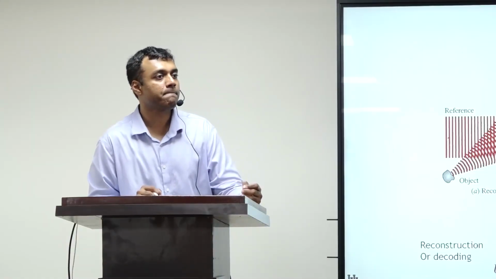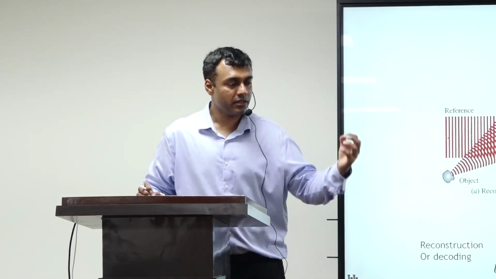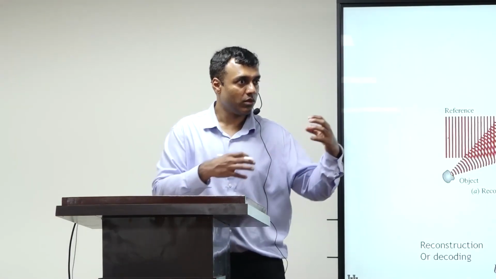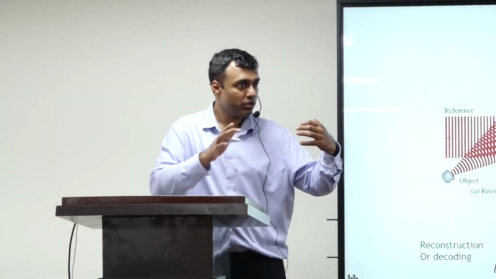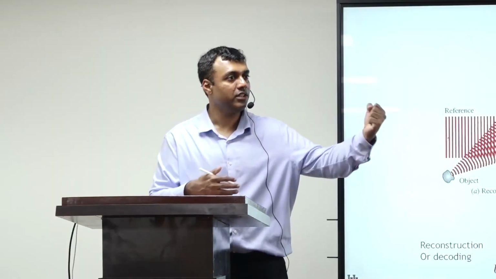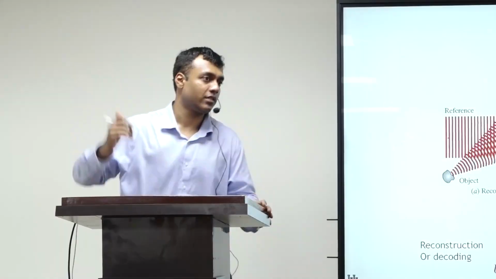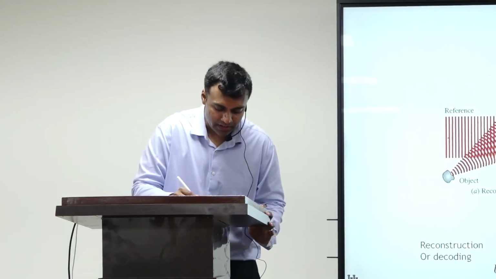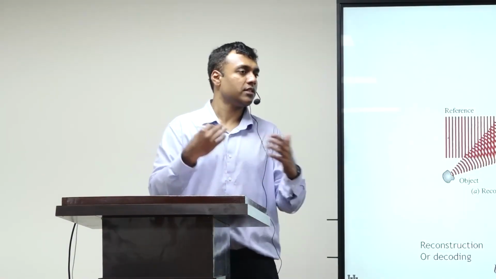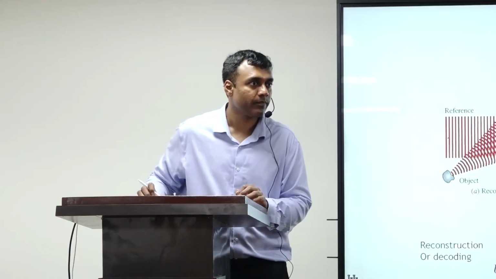Correct. Whatever reference light was there when you were creating the hologram, you keep it on, and when you turn that on the holographic plate, you will create the hologram. It's a combination of T, the holographic recording, times U_R, the reference light.